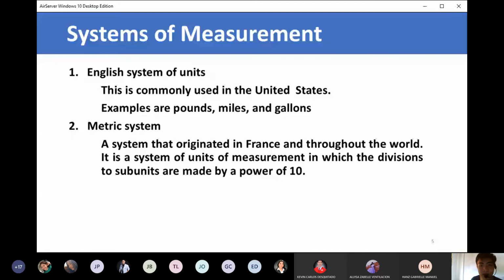And that's the good side of the metric system. Number one, it lost its reliance on physical bodies. It is no longer dependent on the leader's size. So whoever the king is, whoever the queen is, okay lang, because it is fixed.